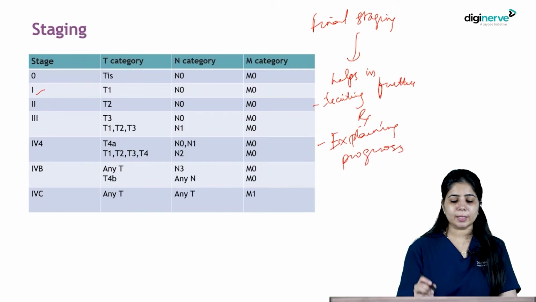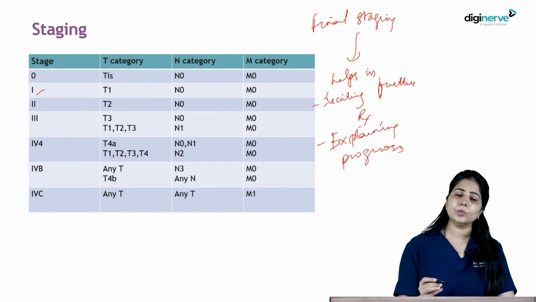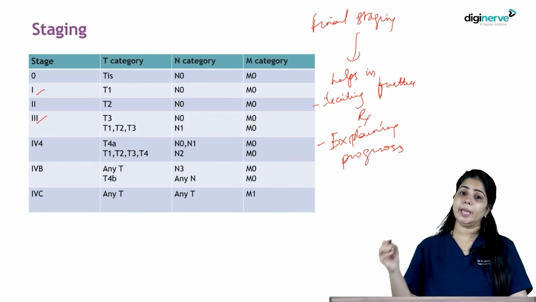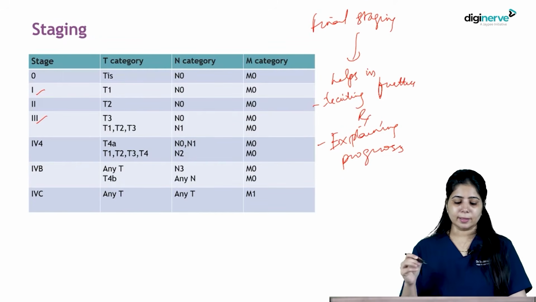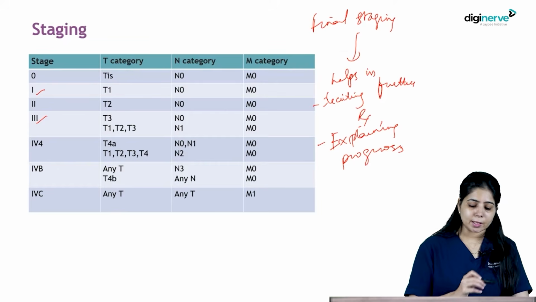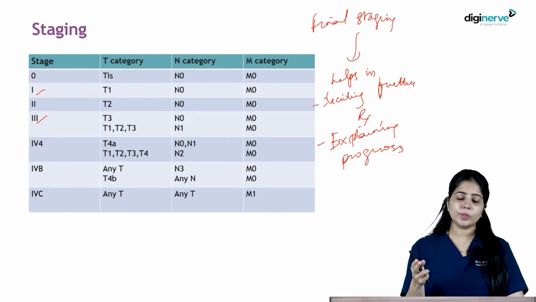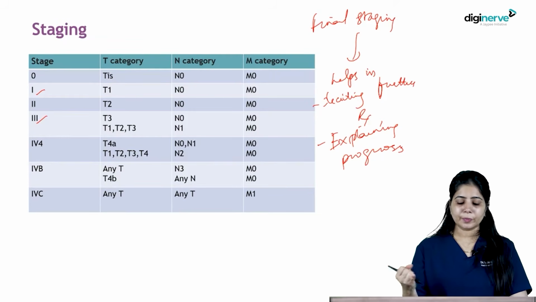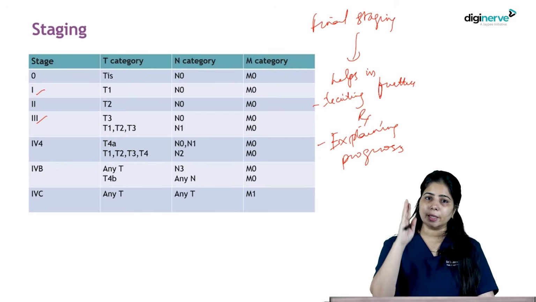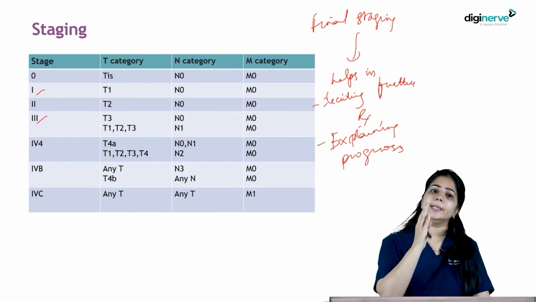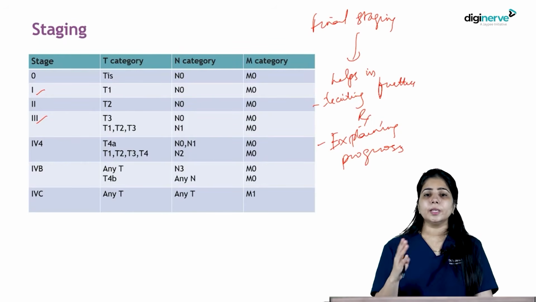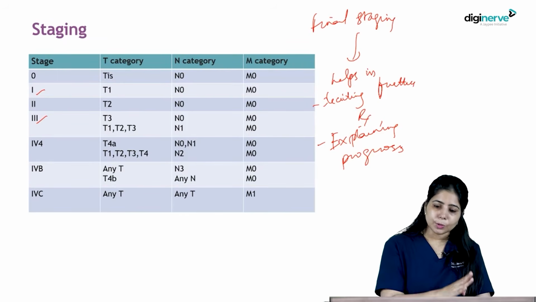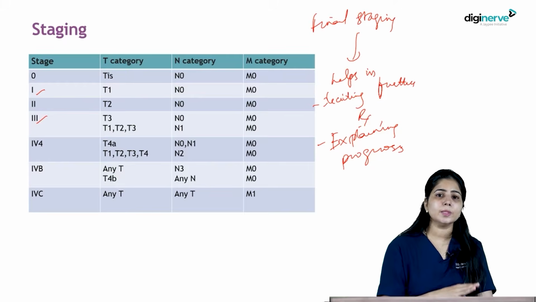So stage 1 is basically T1 N0 M0, stage 2 is T2 N0 M0, stage 3 will be either T1, T2, T3 with N1, or it is T3 N0, that becomes stage 3.